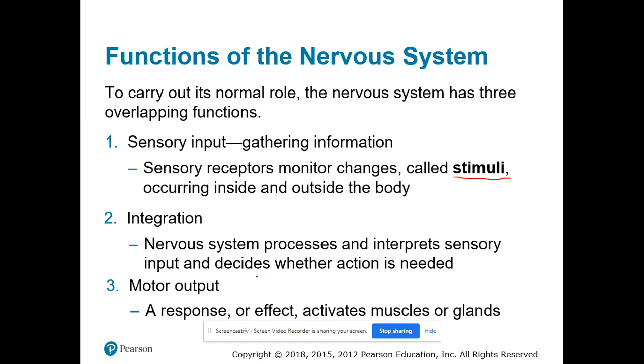That signal is then sent as a motor output, which is a response to activate muscles or glands. For example, if it's too hot out, it's going to cause glands to release a chemical to tell you to start sweating. If it is too bright in a room, it's going to cause your pupils to constrict so it doesn't let in as much light.